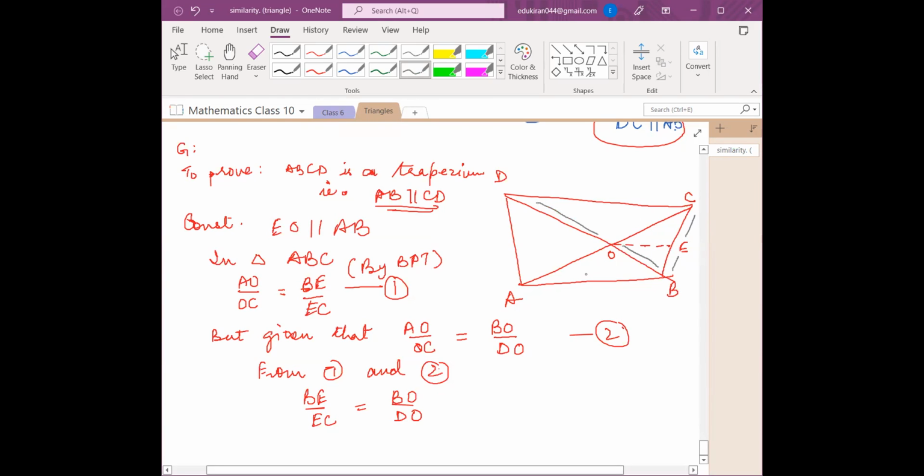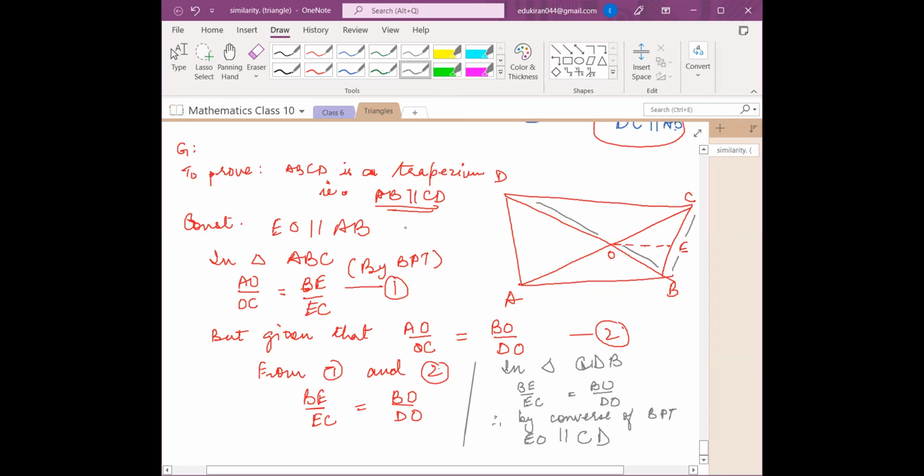So which triangle should I take now? CDB. Very good. So in triangle CDB, I'm getting BE upon EC is equal to BO upon DO. And therefore, by converse of BPT, only my line EO will be parallel to CD.